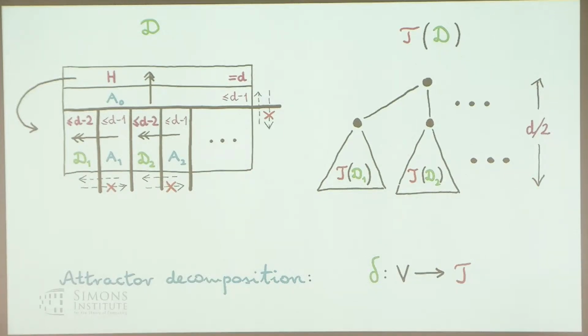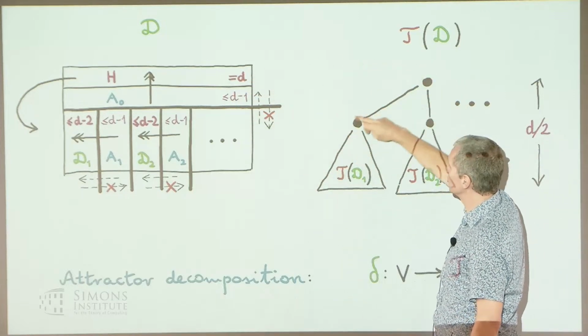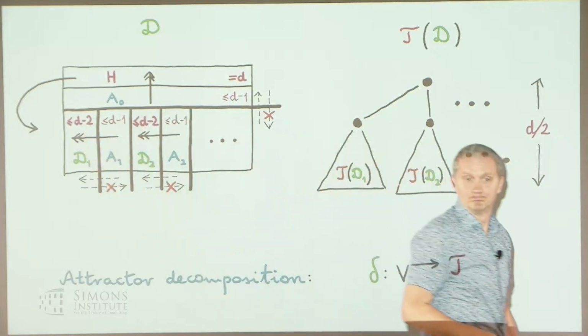Okay. So that tree will be of height at most D half, right? Because each time we step from a node to its child, we reduce the top priority by 2.